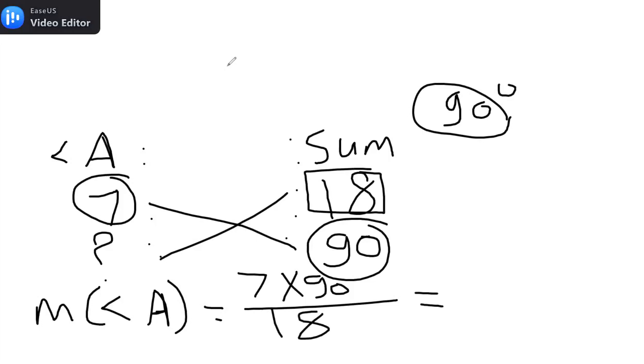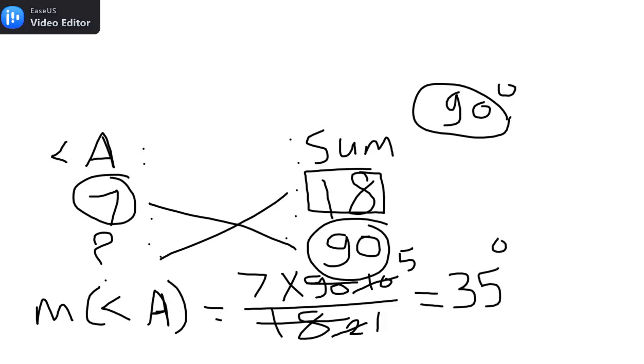I think that these two numbers are in the 9 times table. 18 divided by 9 is 2. 90 divided by 9 is 10. Again, 2 and 10 are in the 2 times table. Cancel 2 and write 1, because 2 divided by 2 is 1, and 10 divided by 2 is 5. And 7 times 5 will give us 35 degrees.